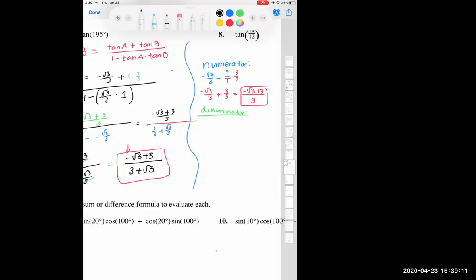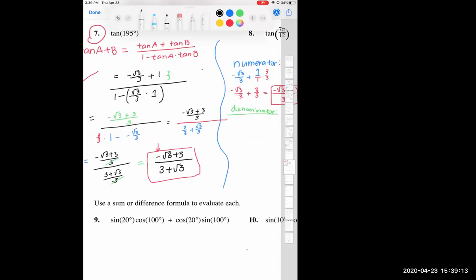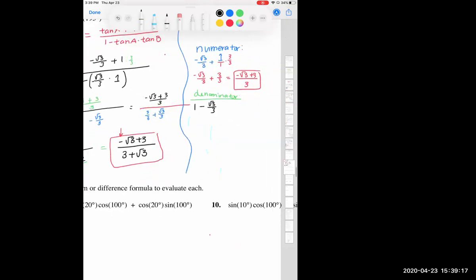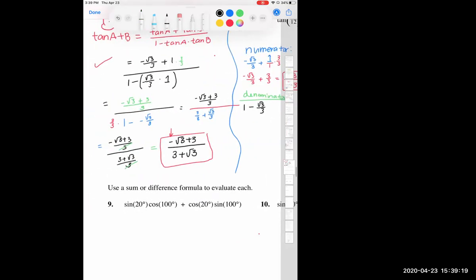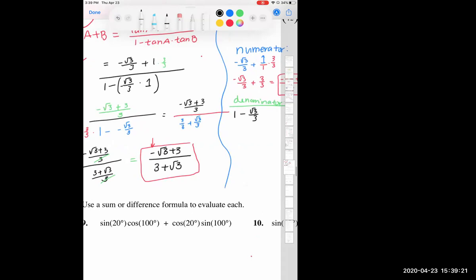All right, in our denominator, we have 1 minus negative square root of 3 over 3 times 1. That's what we had.